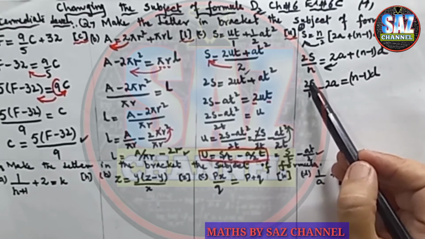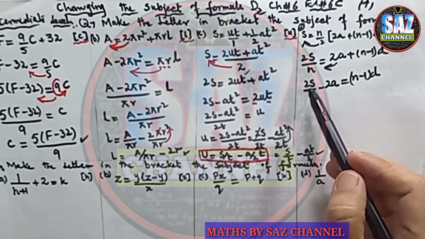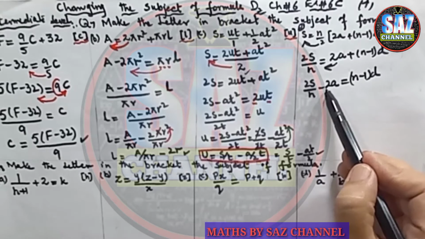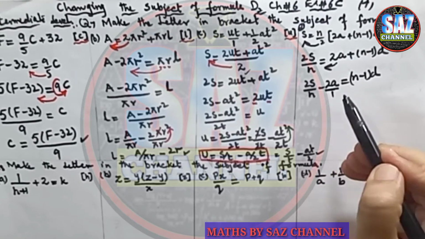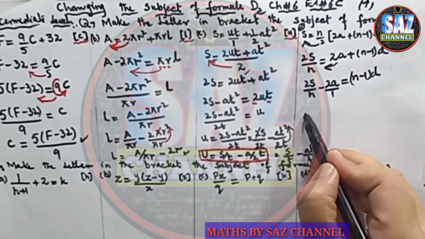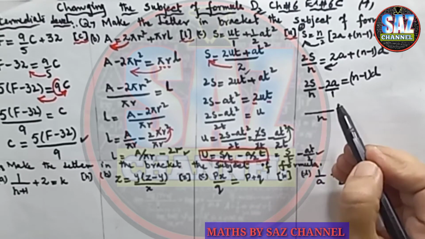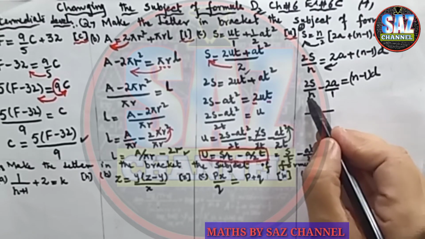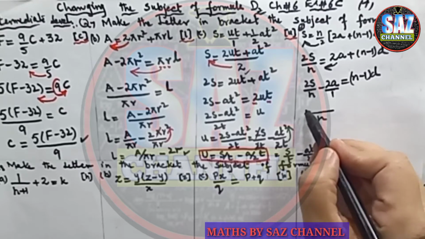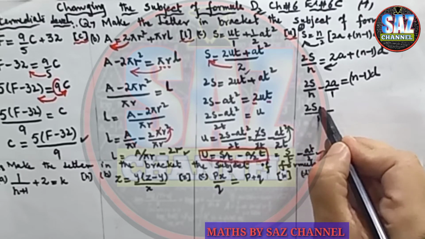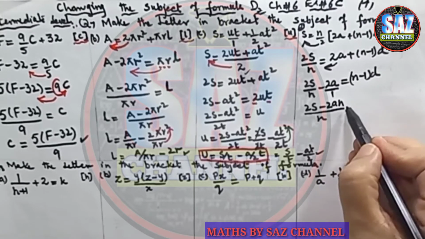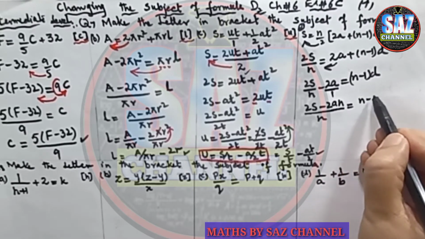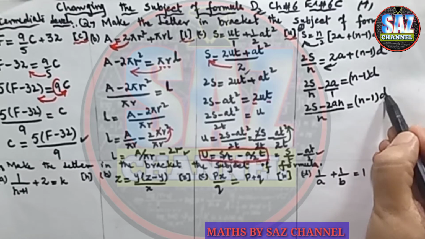Again, if you look at the left hand side of the equation, we can simplify this side by taking the LCM. The denominator of 2a can be 1 and the LCM will be n. This will take the form 2s minus 2an upon n equal to n minus 1 into d.